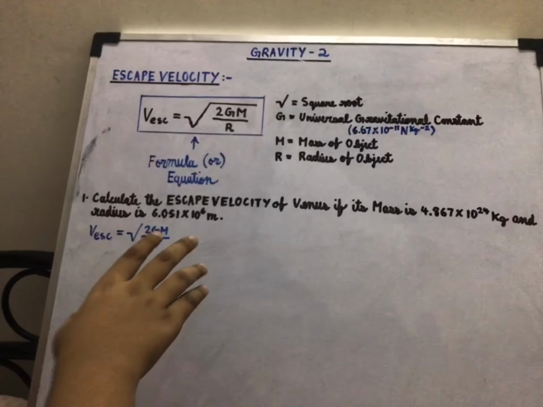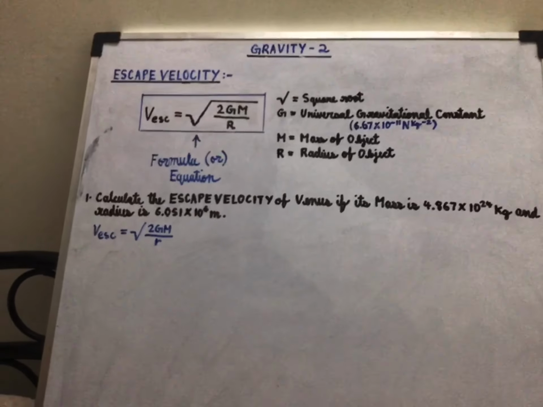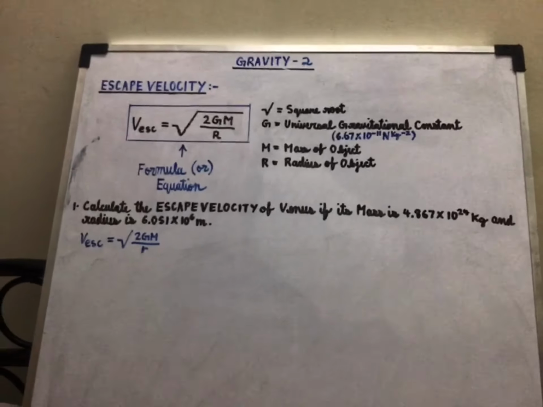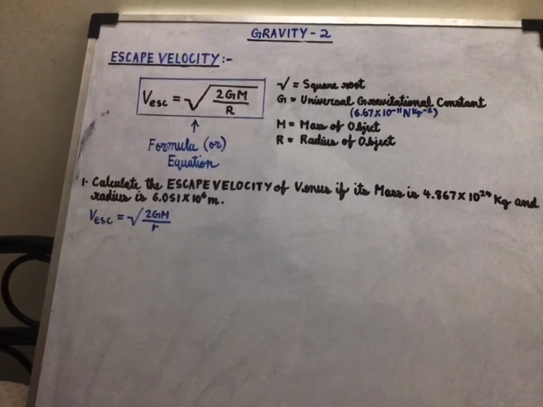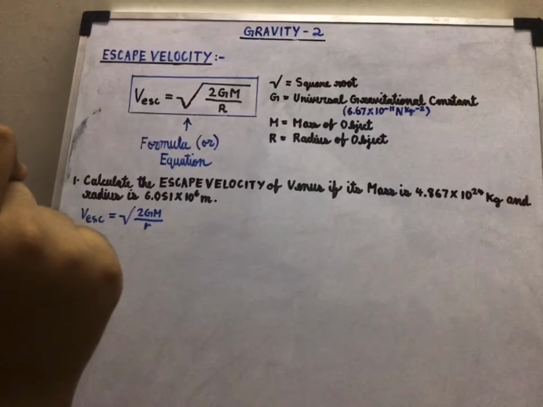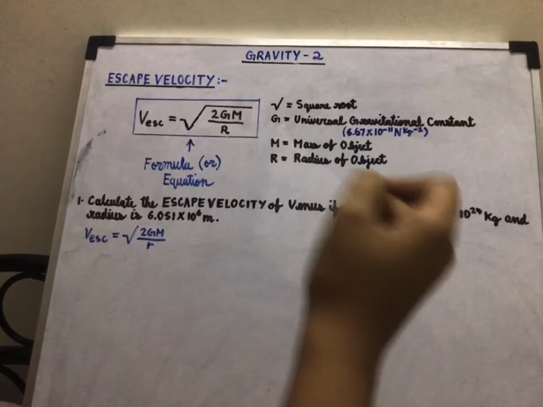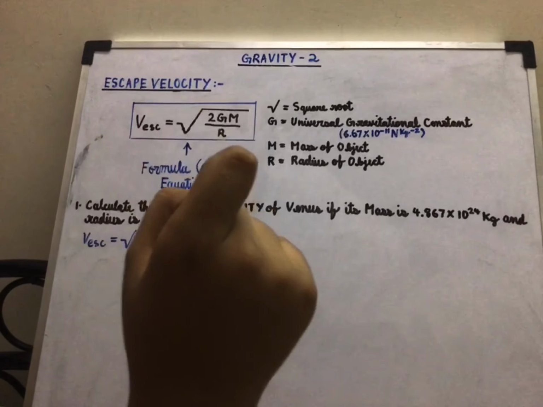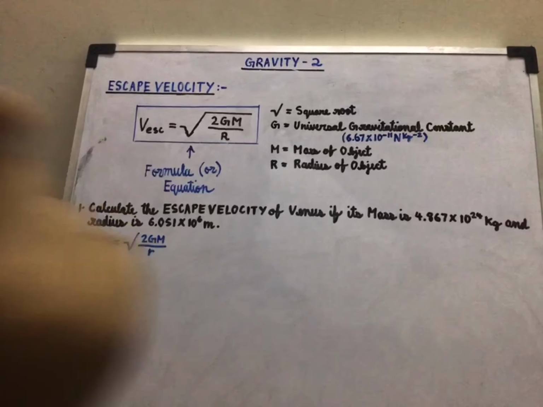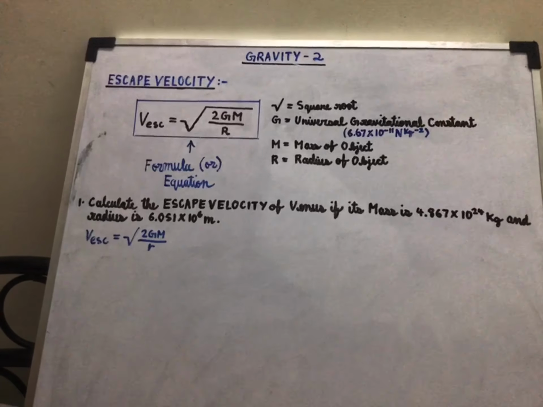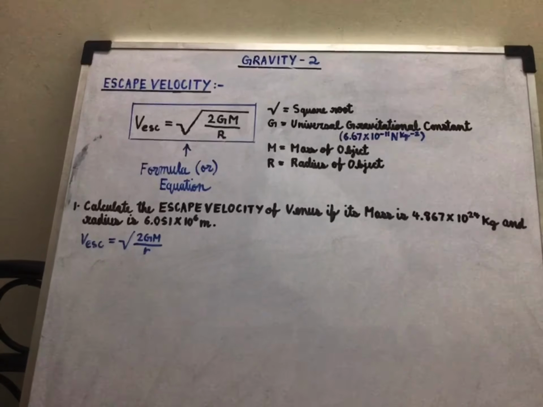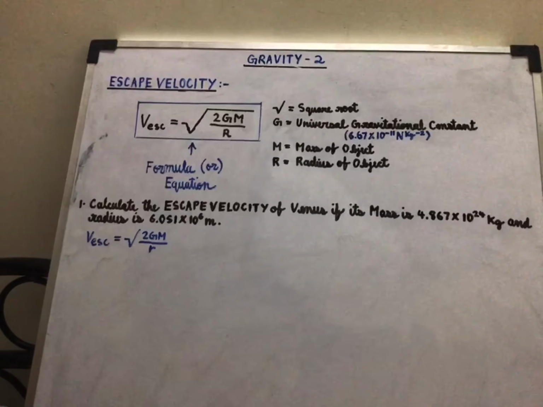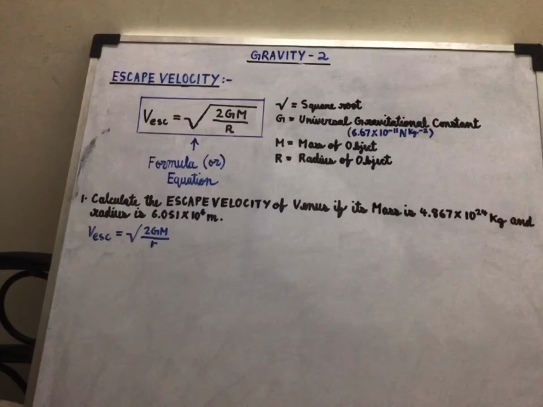So here's our highlighted question of the day: calculating the escape velocity of Venus, whose mass is 4.867 into 10 to the power 24 kg and whose radius is 6.051 into 10 to the power 6 meters.